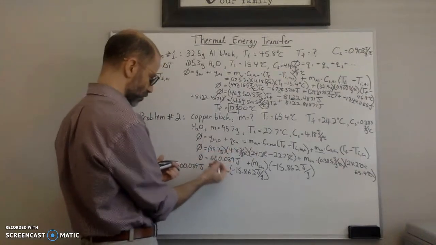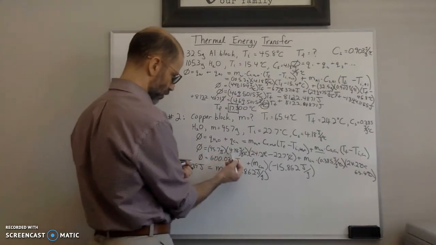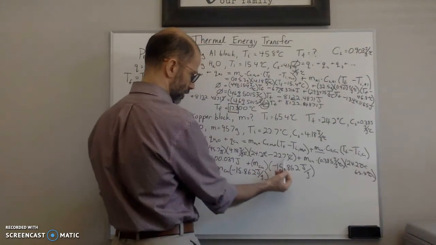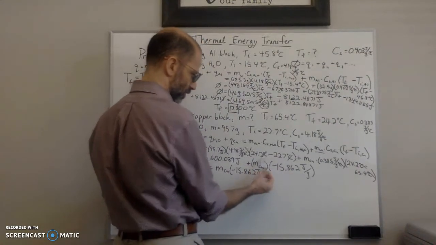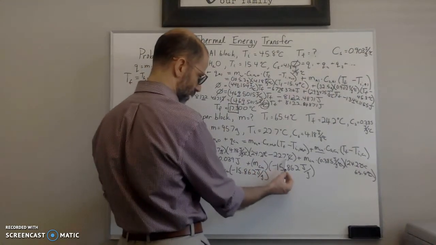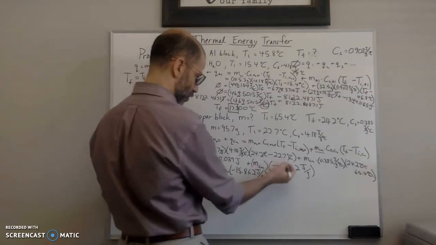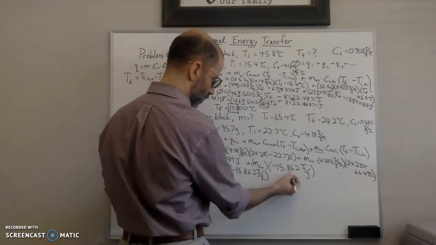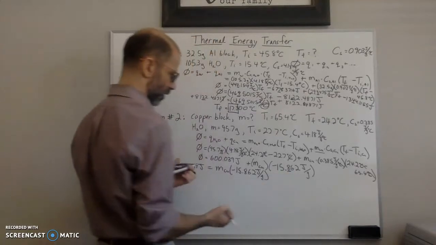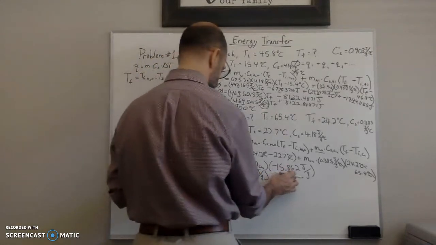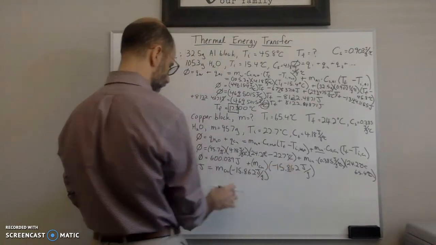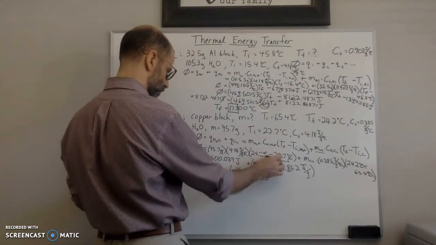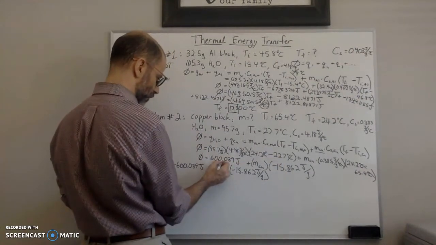Okay, and then let's go back to our sig figs here, so we know what our sig figs are. So we have 3 sig figs here, 3 sig figs here. Here we are subtracting, so it's decimal place. So the least number of decimal places is the last decimal place here. So 1 decimal place. So we're only allowed 1 decimal place in our answer here. So that's going to be 3 sig figs here, and 3 sig figs here. So everything is 3 sig figs.